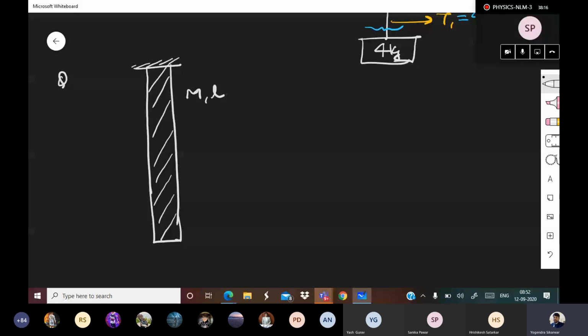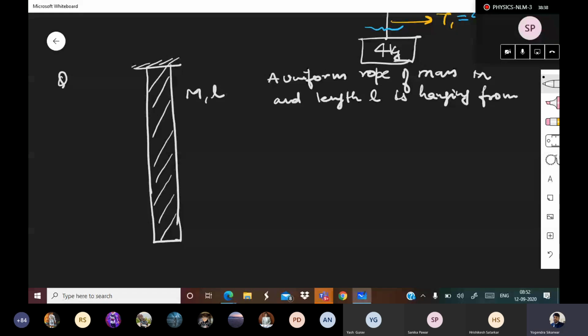So the question is: a uniform rope of mass M and length L is hanging from the ceiling, or from the roof, as shown.